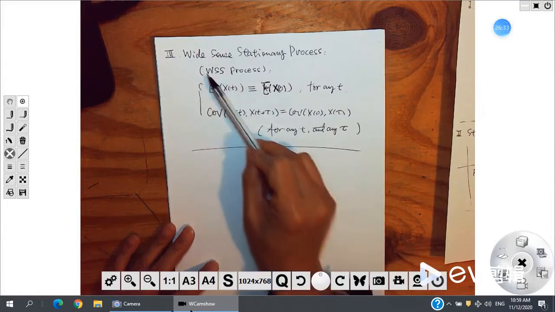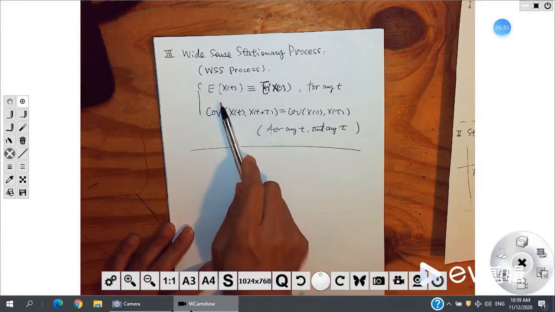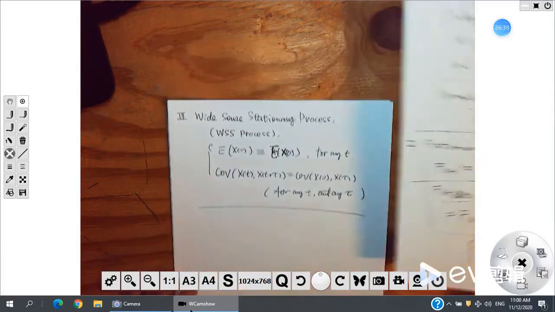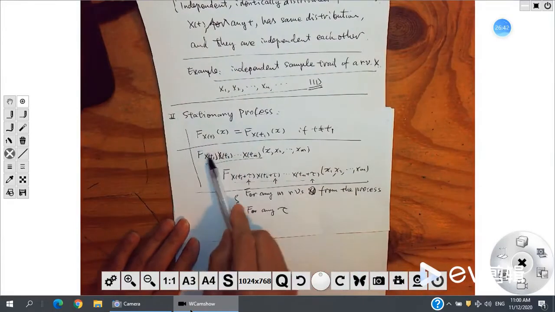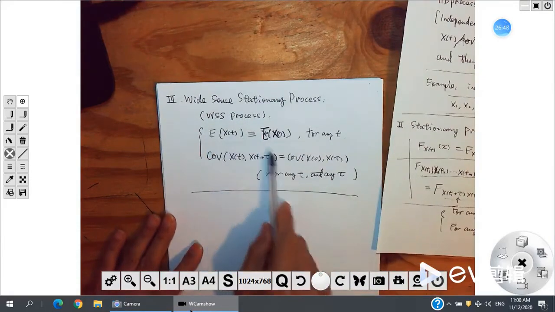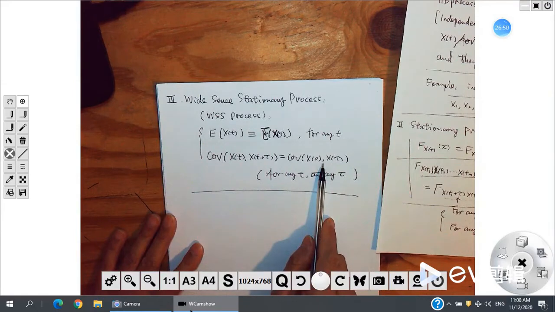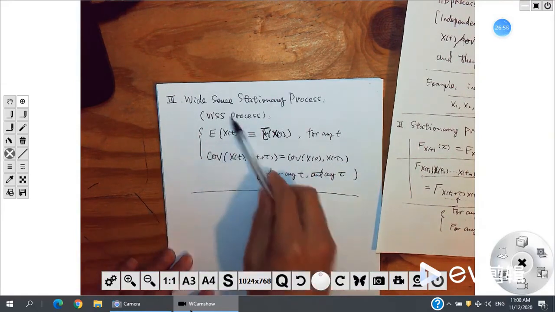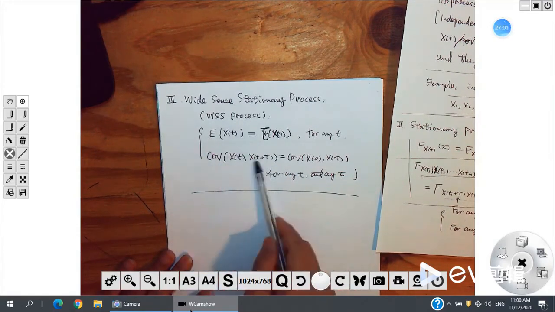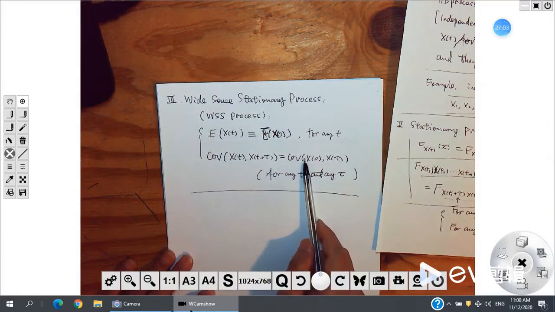It's wide sense stationary. Here we do not have the description with the functions, right? Here the stationary is described by the functions, and now we just check the mean and the covariance. By this way, this kind of process we can handle more easily. We just start from the mean and the covariance, and we can do a lot of calculations.